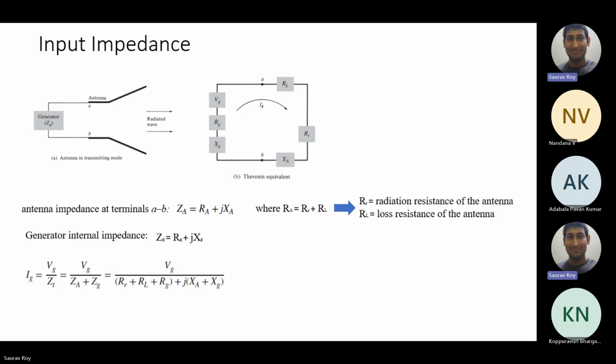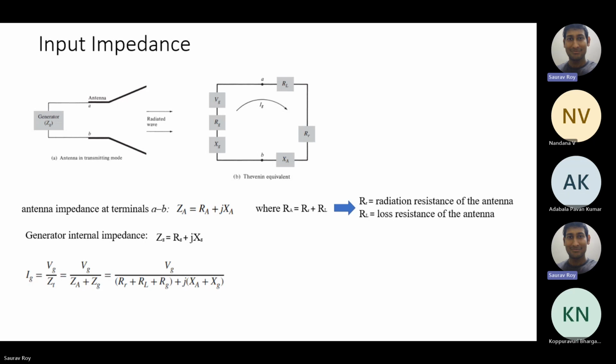VG is the generator voltage, RG and XG are the generator model, and the antenna itself is modeled as two resistances, RL and RR. RL is the loss resistance of the antenna. Yesterday we discussed that the antenna has some conductor and dielectric losses; those are modeled as RL. And RR is the radiation resistance.